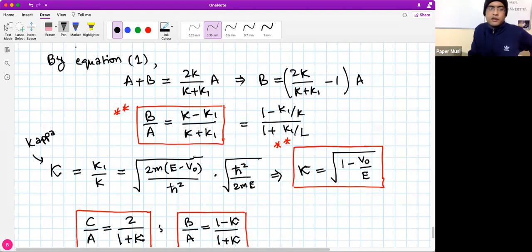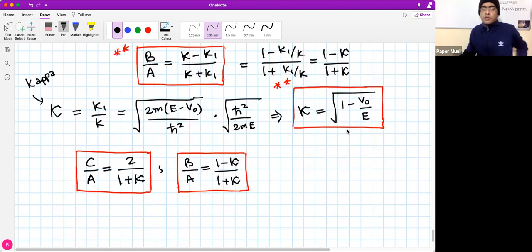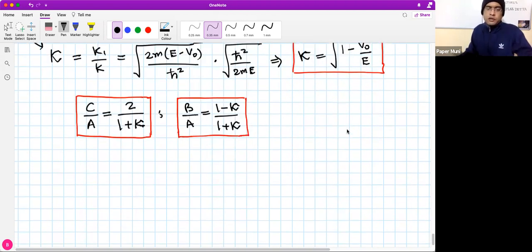Now you can write these as equal to 1 minus kappa divided by 1 plus kappa. I thought it was obvious, so I didn't do it. Now I have done it.